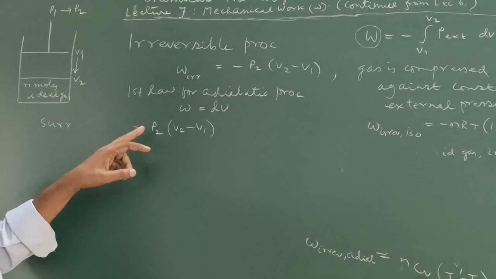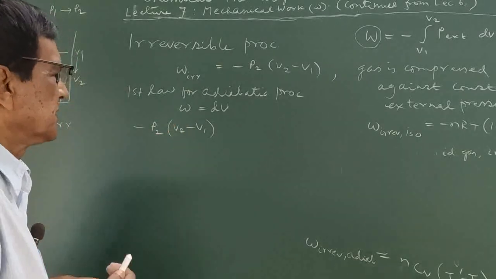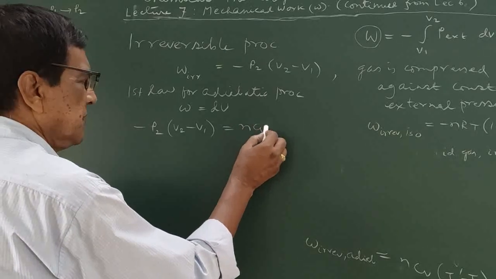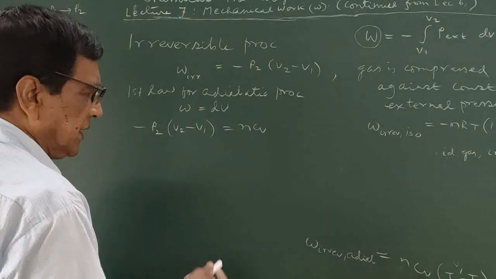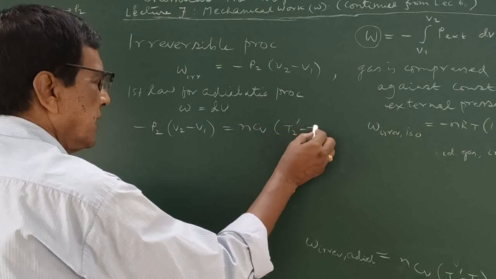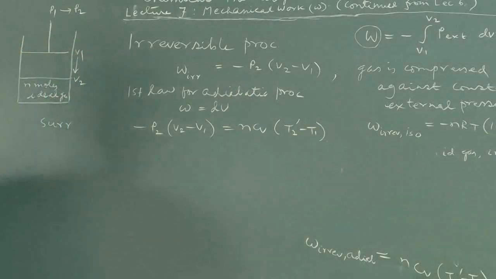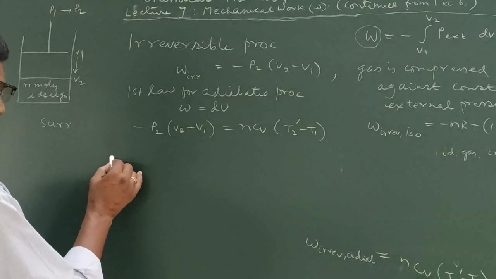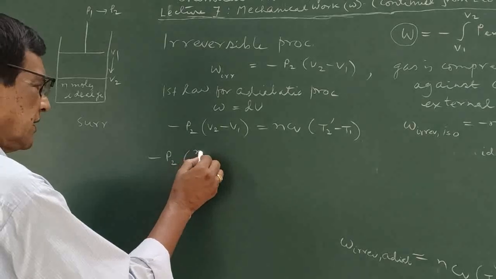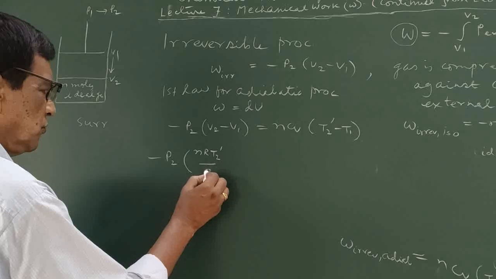P2 is the final pressure against which this compression is made, and this equals m Cv. Instead of dU, I can write m Cv (T2' minus T1). So again, instead of V2, I can write nRT2' divided by V2.